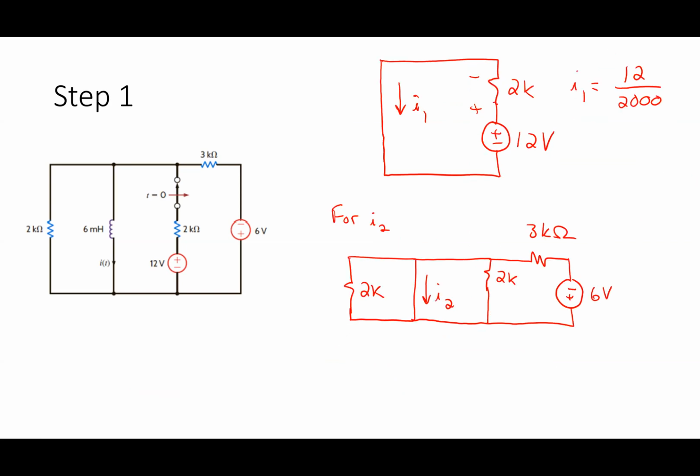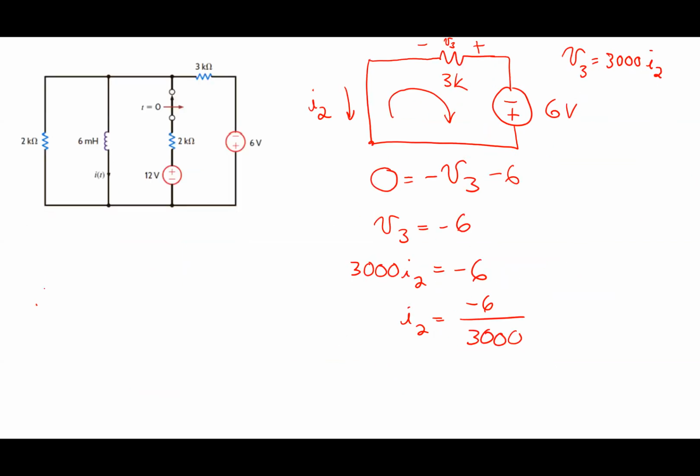So we figured out that IL of 0 minus is equal to I1 plus I2, which in this case is 12 over 2,000 minus 6 over 3,000. All right, when we could get a number for that, we will. All right, but for now, the key thing is you guys can follow that process. All right, questions about how I got through that first step?